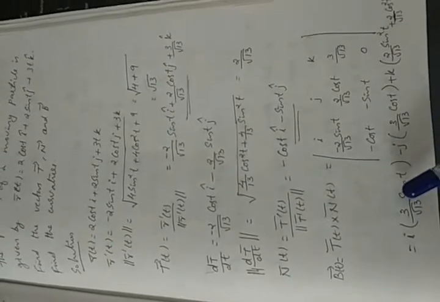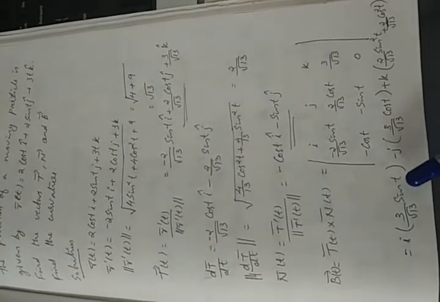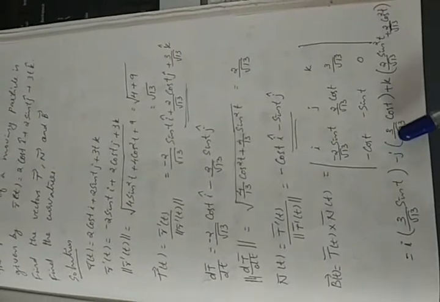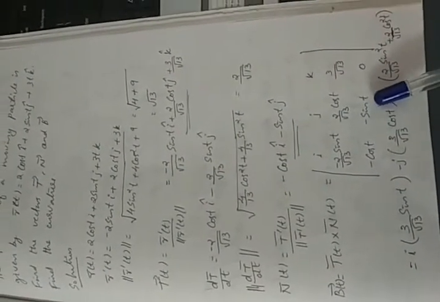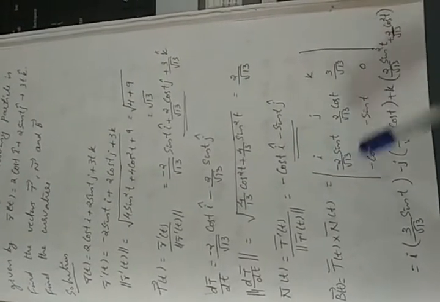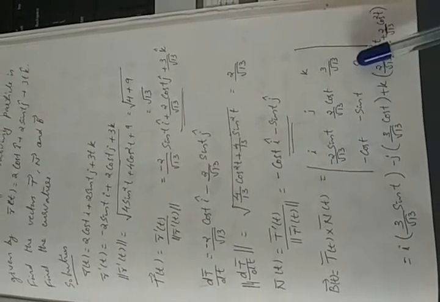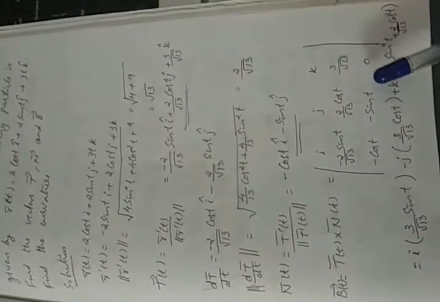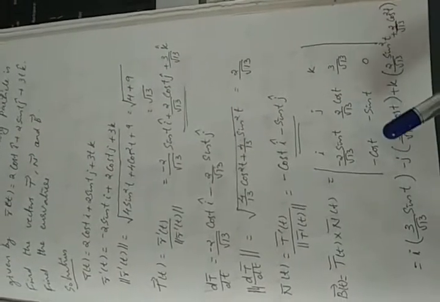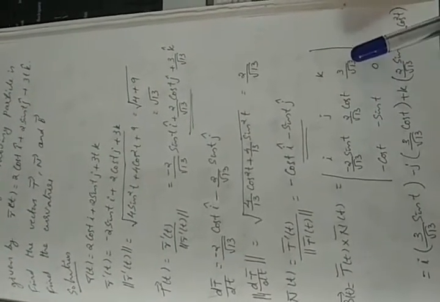So we get i into positive 3 by root 13 sin t, minus j into the determinant of the 2 by 2 matrix after deleting the row and column containing j: negative 2 by root 13 sin t into 0, that is 0, minus negative cos t into 3 by root 13.